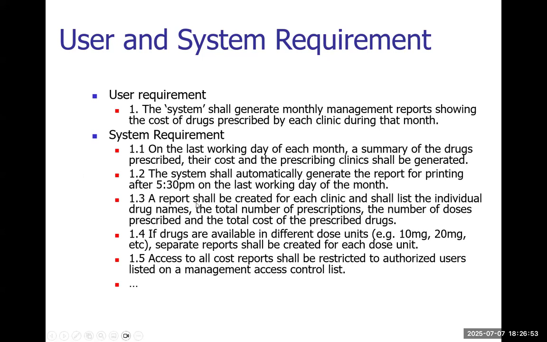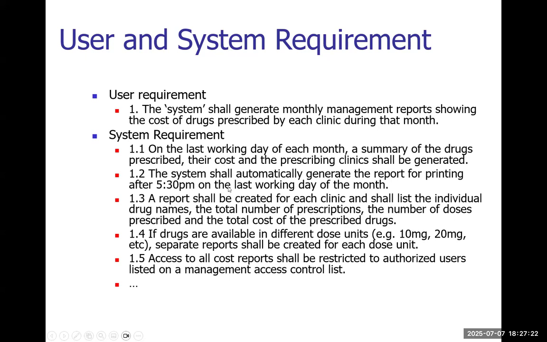And 1.3 is a report that gives the detailed content of the report. Furthermore, if a drug is available in different doses, then a separate report should be generated. So you can see that the user requirement is very general, and the system requirement contains much more detail.